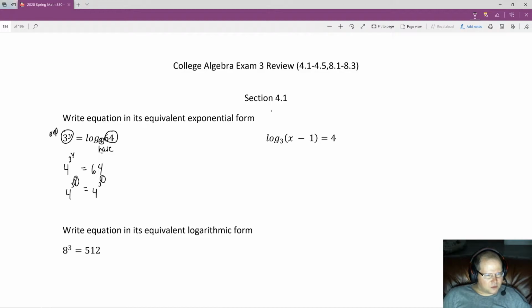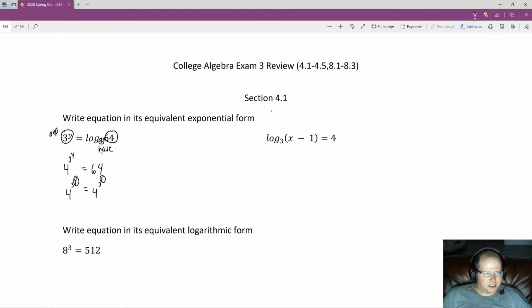We can verify that easily: 4 to the 3rd power is 64, because 4 times 4 is 16, times 4 is 64. So that exponent just has to be a 1.